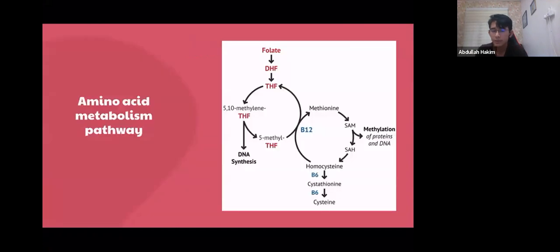Here I include the amino acid metabolism pathway. You can see folate plays an important role in producing tetrahydrofolate for DNA synthesis, and B12 converts homocysteine to methionine, which will further be used for methylation of proteins and DNA.